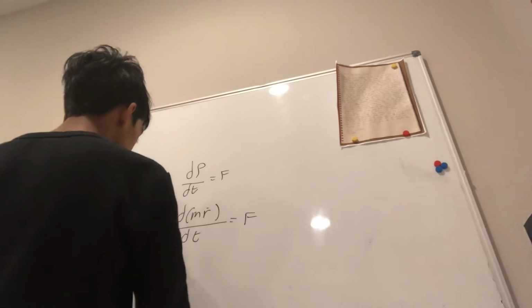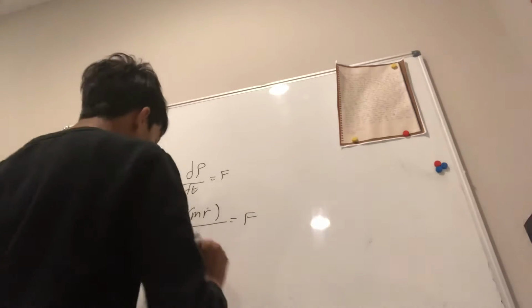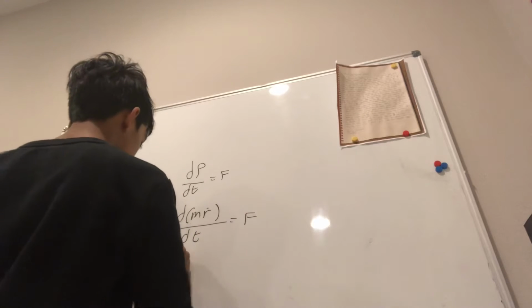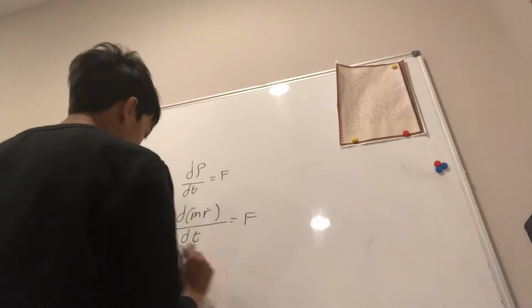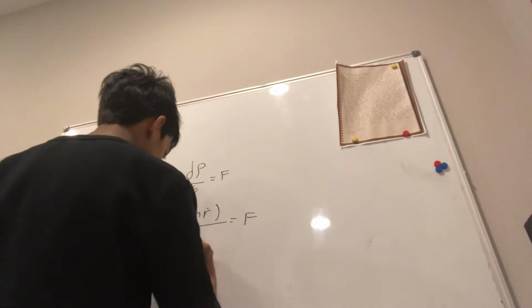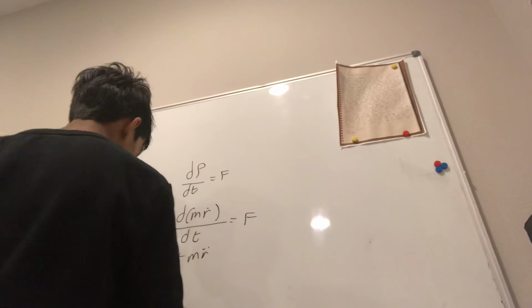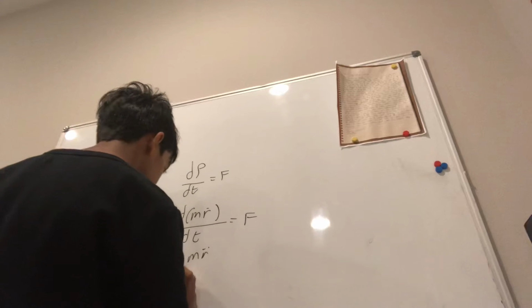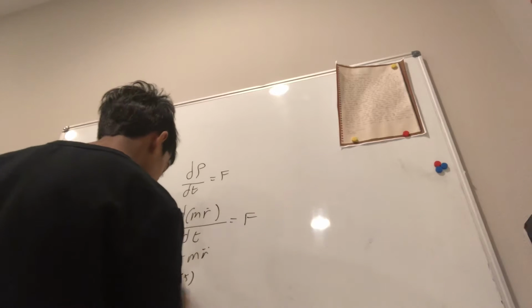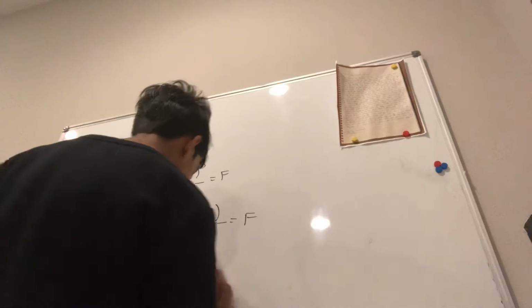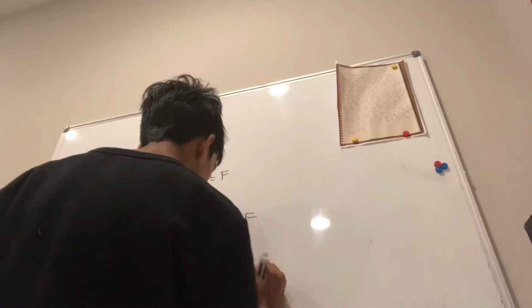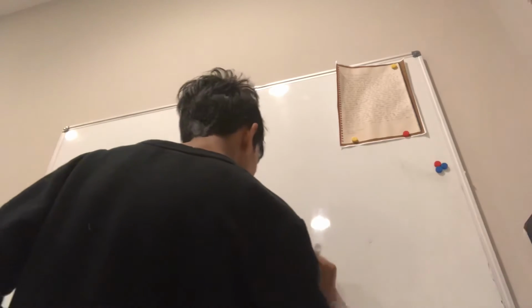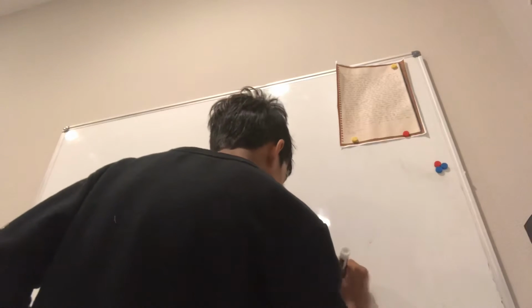Meaning, if you learned the product rule, this would be m dot r dot plus m r double dot, because the product rule says that the derivative of f of x times g of x with respect to x is equal to f prime of x g of x plus g prime of x f of x.